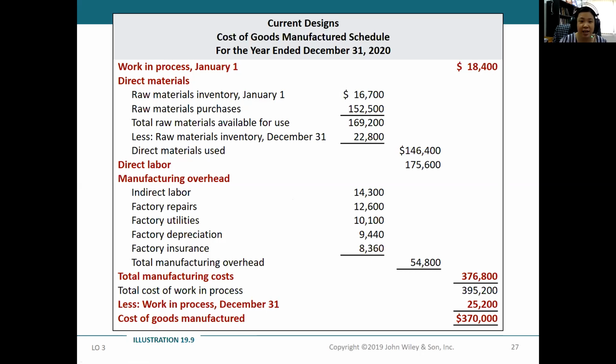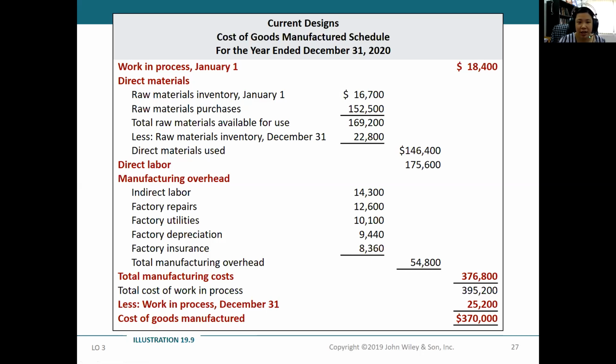It's not finished yet. And you add direct material, direct labor, manufacturing overhead. We call these direct material, direct labor, and manufacturing overhead total manufacturing costs. And then we subtract the work in process at the end, and that will give us cost of goods manufactured.